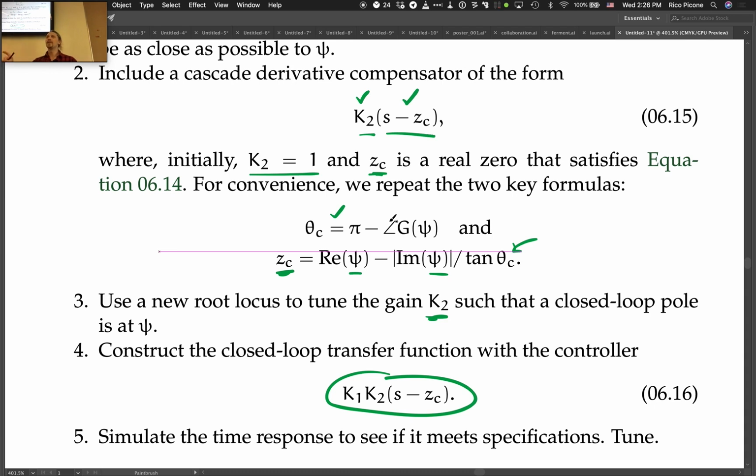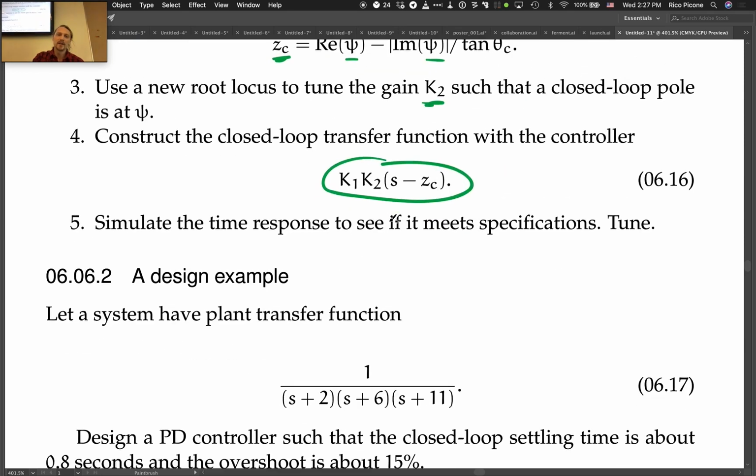The performance of your closed loop system is not guaranteed because you probably used the second order approximation to come up with that performance, or that test point location. So once you've moved that root locus using your derivative compensation to go through your test point, it doesn't mean that you're therefore going to get the performance you were expecting or hoping for. You still might have to adjust gains accordingly, or you could move the zero compensator around as well. Okay, so that's the procedure.